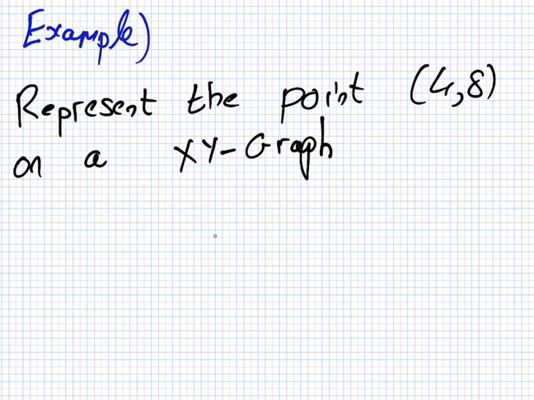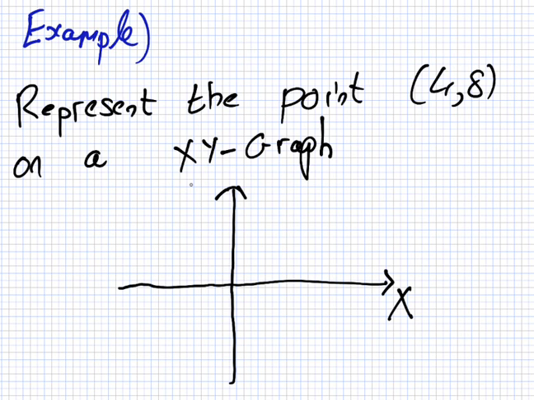Okay, so this is our first example, just to get us started. On the X, how far do I need to go? To 4, so let's go 1, 2, 3, 4, 5.